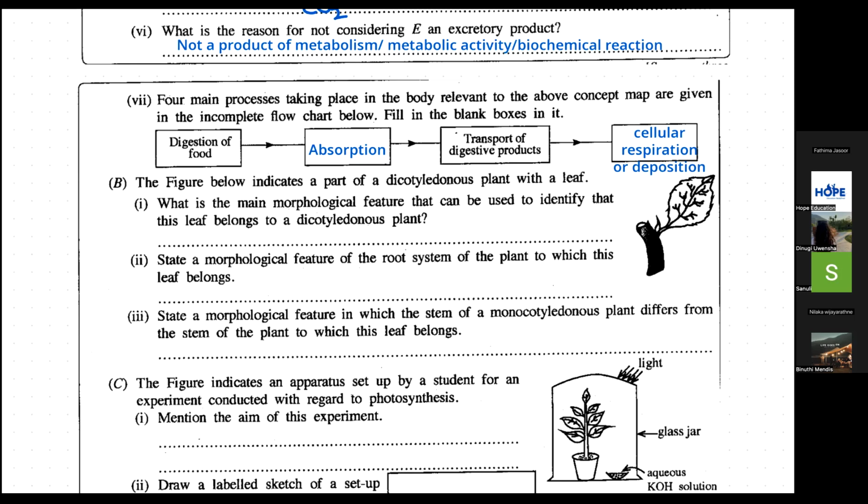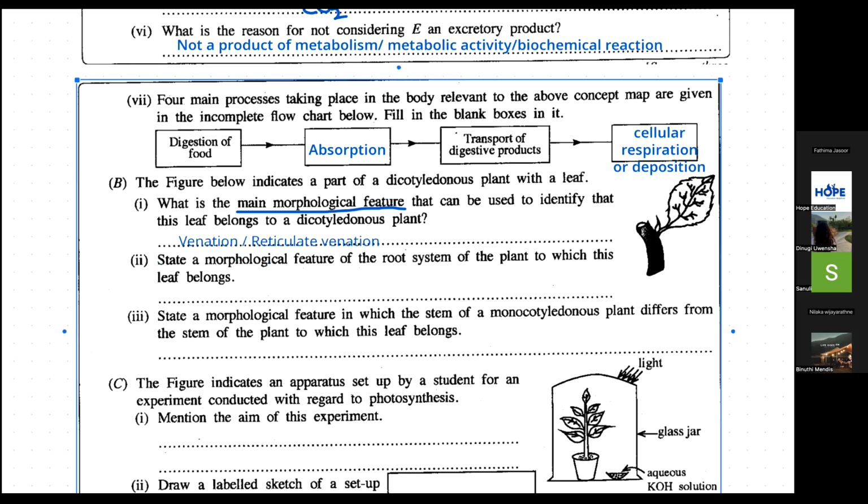What is that main feature? Yeah, venation. It's what the question says: what is the main morphological feature that can be used to identify that this leaf belongs to a dicot? Yes, venation, that is the correct answer. Or since this is a dicot leaf, you can say reticulate venation.